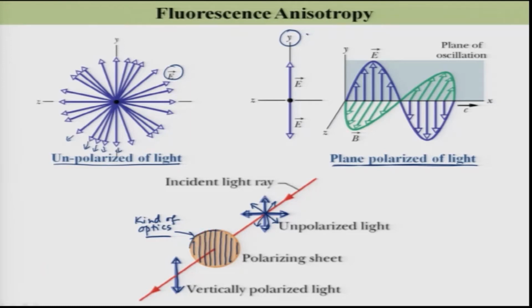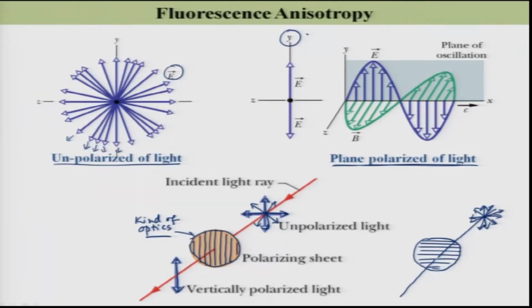If it is oriented this way, you will get this kind of polarization. But if you change the orientation of the polarizer, and it is now oriented this way, then unpolarized light will pass through it differently. How do I denote unpolarized light? By putting arrows in all directions. That is how we indicate unpolarized light.